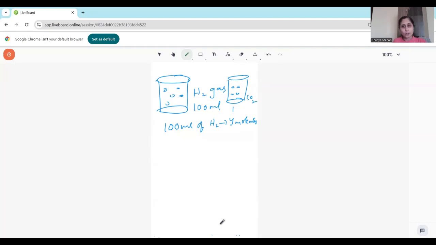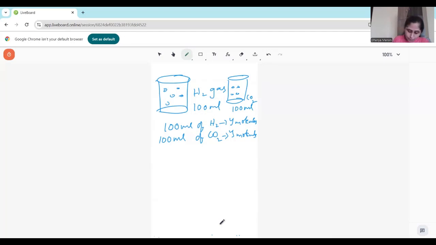All the conditions are also the same. That means 100 ml of carbon dioxide will also have Y molecules, because that's what the hypothesis says. Equal volumes of all gases, keeping all physical conditions the same, will have the same number of molecules.